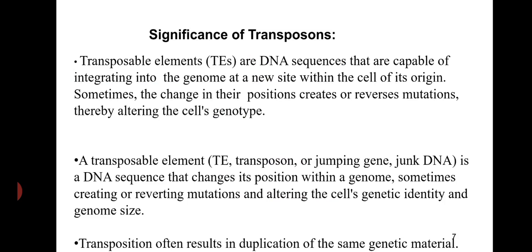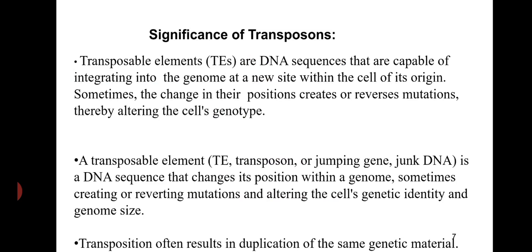Sometimes the change in their position creates or reverses mutations, thereby altering the cell's genotype. So this is the main significance of transposons, that they reverse mutations or alter the cell's genotype.